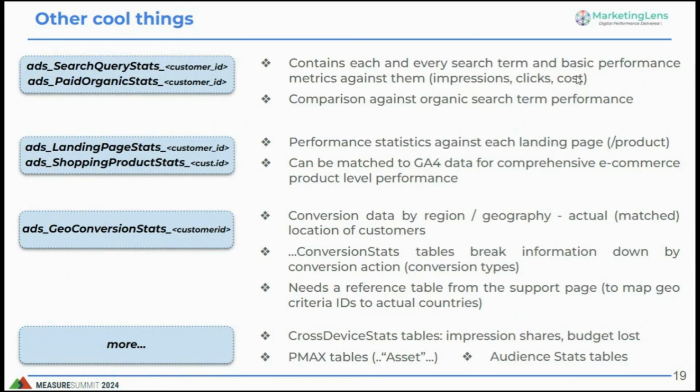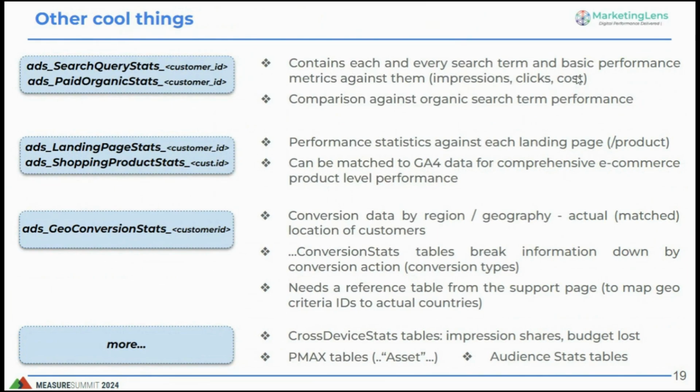For example, if you're an e-commerce company and you want to match GA4 data and Google Ads data for comprehensive product level performance and see how well the ads are doing, or whether you're burning money on something that you shouldn't, then you can use either a shopping product stats table, which is exclusive to Google Shopping, or you can also use the landing page stat table if every single product is on a different URL.